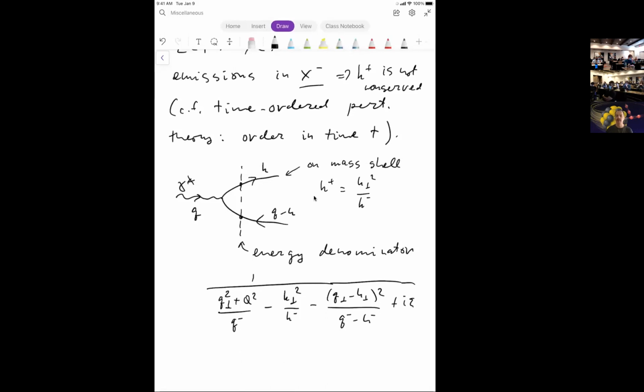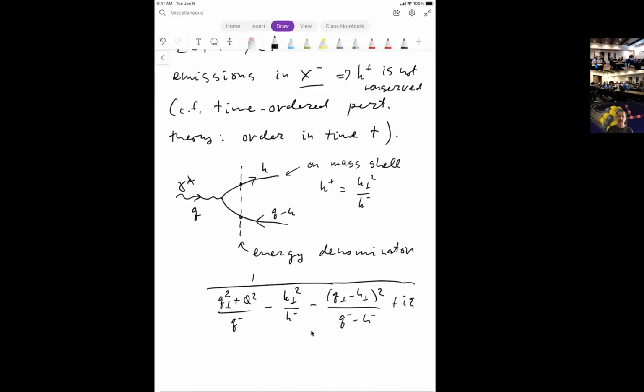So there is no more plus momentum; we just have this k perp squared over k minus, and they are not conserved. The plus momentum of the virtual photon is not the same as the plus momentum of the quark plus the plus momentum of the antiquark. Rather, there is a difference between those quantities, and that's what goes in the energy denominator. It's similar to what people write in time-ordered perturbation theory when they write energy denominators.